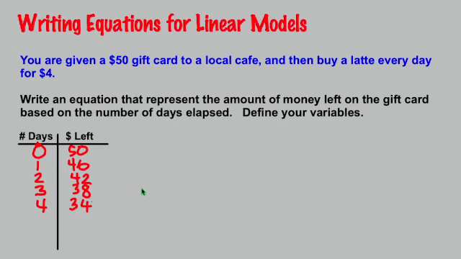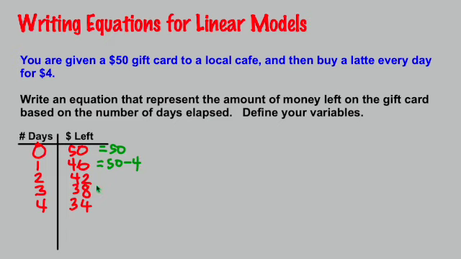So let's stop here and talk about a way that we could write these numbers in dollars left a little bit differently. On this first calculation here, that was our $50. Next, we took $50 and we subtracted 4.